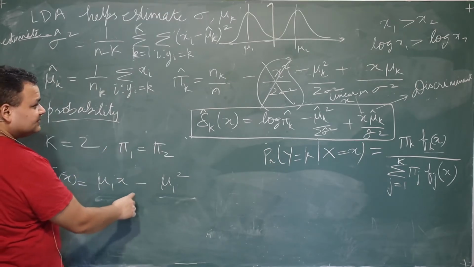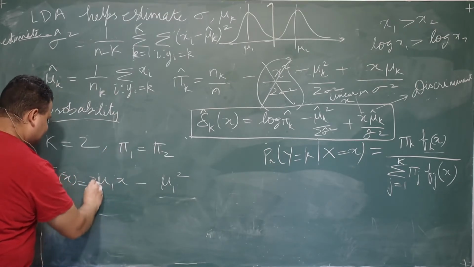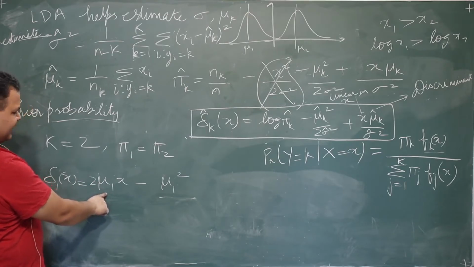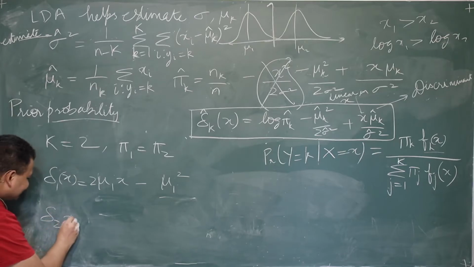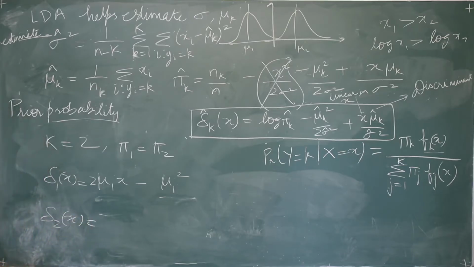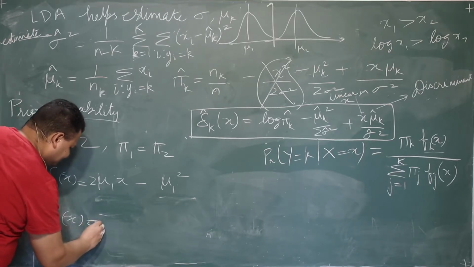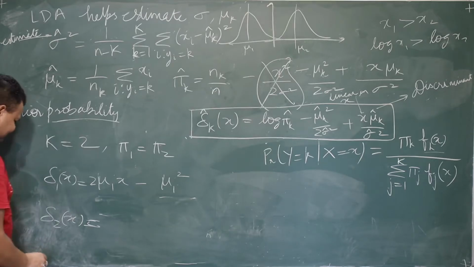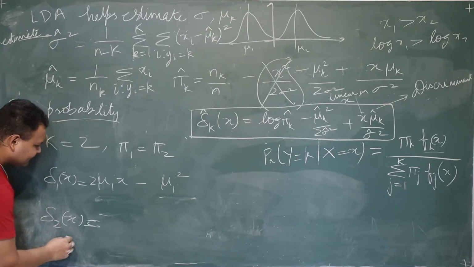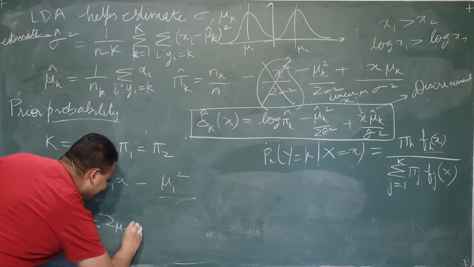So this becomes, we will have to multiply by 2. 2 mu 2 x minus mu 2 squared.